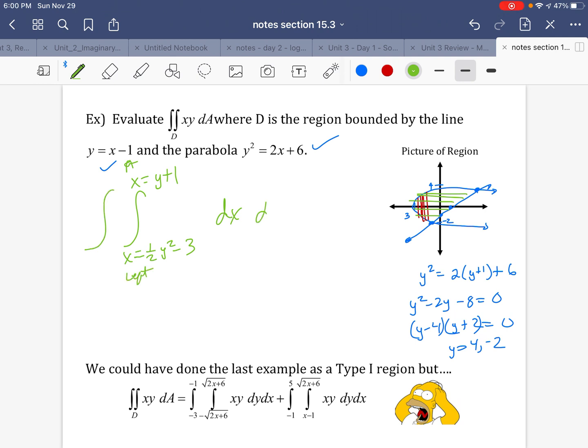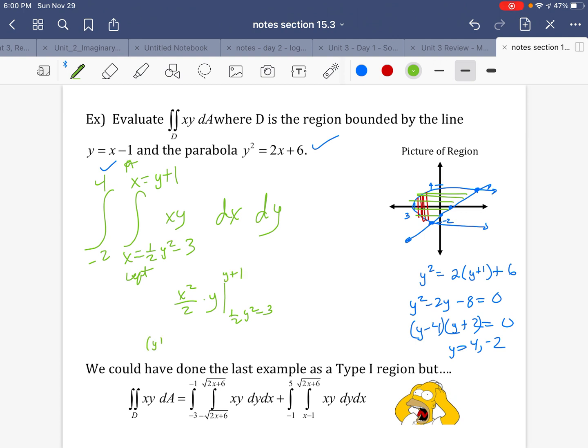Then I have to do an integral on the outside, but now that's y, and those things meet up at the y values of -2 and 4. And then I have xy right here. We're going to integrate with respect to x, so I'm going to get x squared over 2 times y. I have to evaluate this from 1/2 y squared minus 3 to y plus 1.